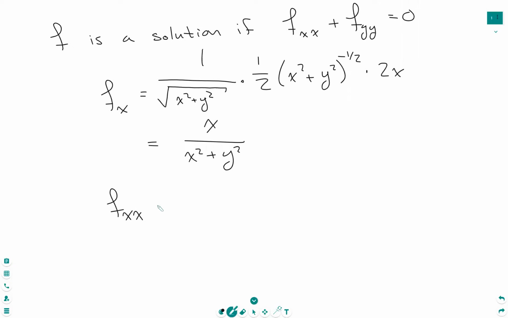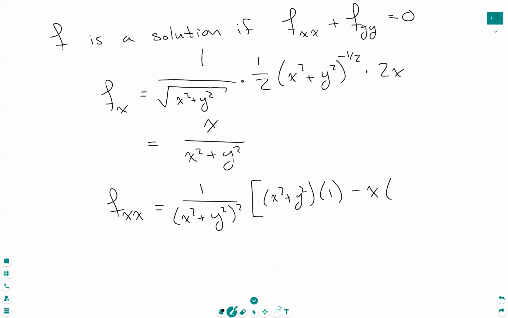Now for the second derivative with respect to x, I have to do a quotient rule. So I have 1 over the denominator squared times x squared plus y squared times 1 minus x times 2x.